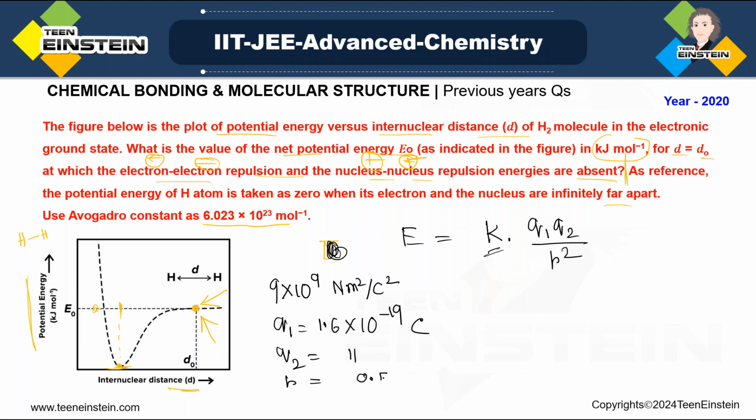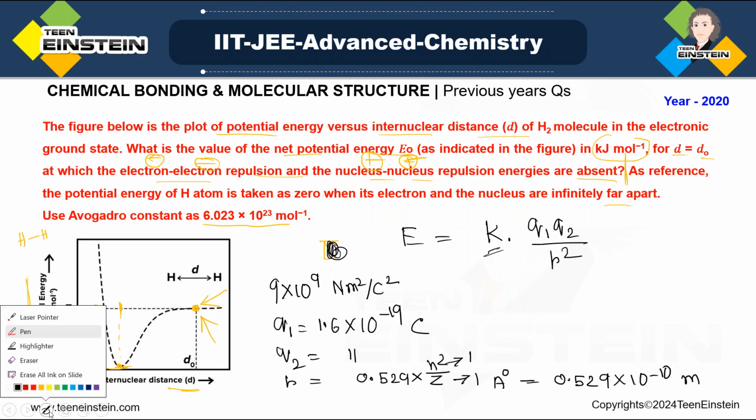Remember the formula? 0.529 multiplied by n square by z. But for hydrogen atom in the ground state, n value is 1, z is also 1. So R will be simply 0.529 angstrom. If you convert it to meter, it will be 10 to the power minus 10 meter. So we will put all these values here.